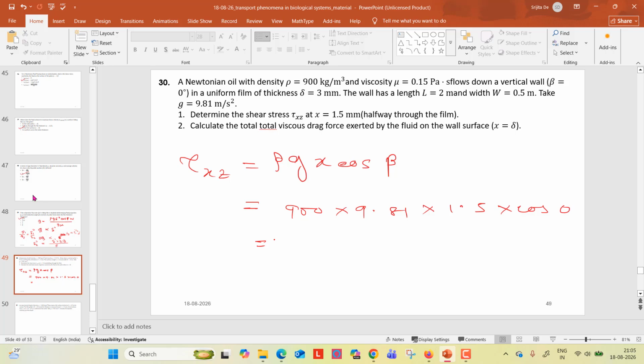So it is 1.5 into 10 to the power minus 3. So better to write it as 0.0015. Okay. So it is coming as 13.2435 Pascal, right? Next question is calculate the total viscous drag.